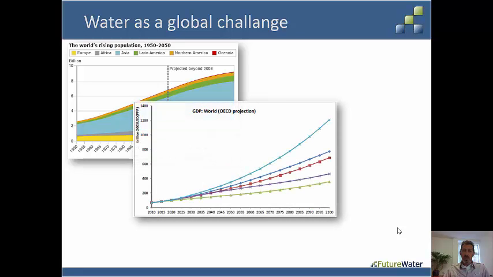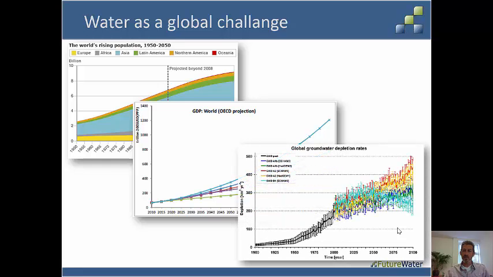At the same time, there are all kinds of projections that the GDP, the economy of the world, is also going to grow. Of course, we don't know exactly how much, but here are just some examples of the GDP growth. And most of the projections show a 3, 4, 5 or even 10-fold increase in economy. And of course, an increase in economy means also more demand for water.